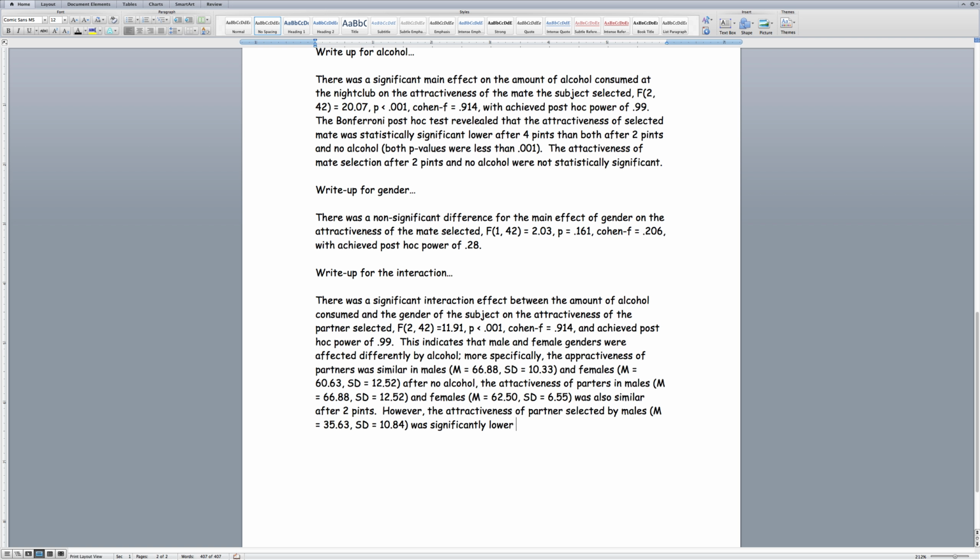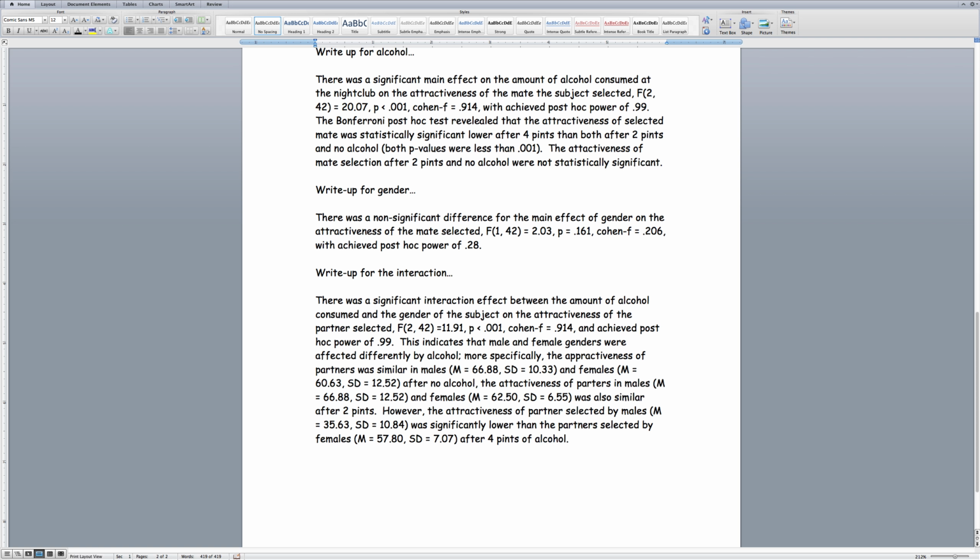So lower than the partners selected by females, and females had higher standard deviation. Imagine that. After 4 pints of alcohol.